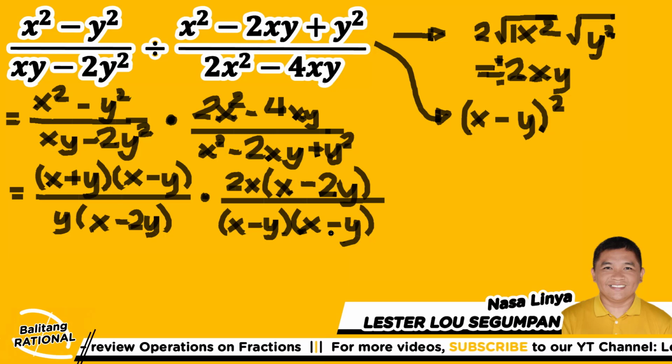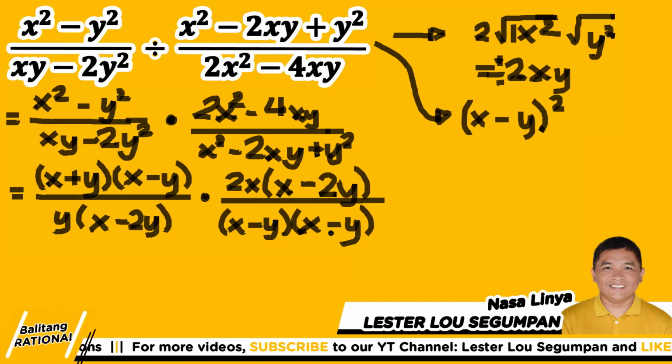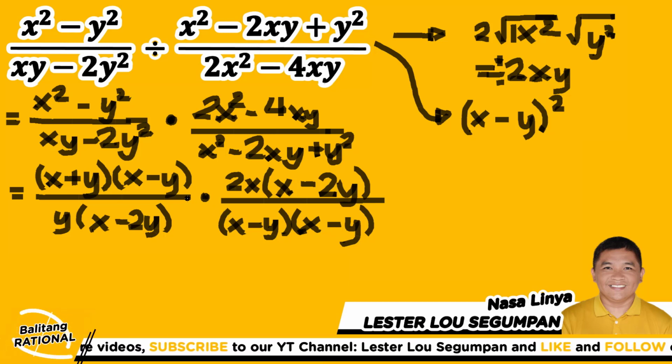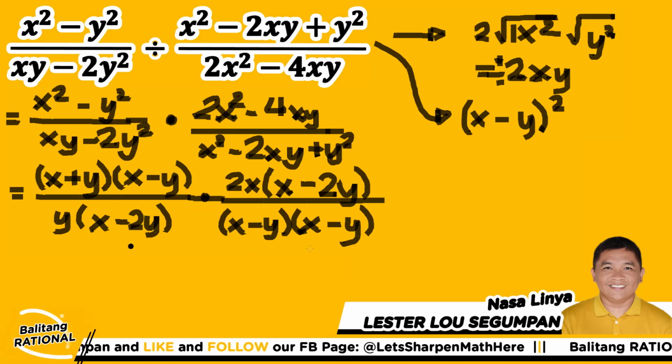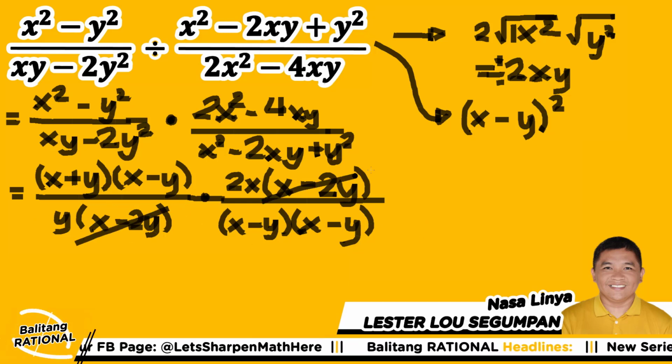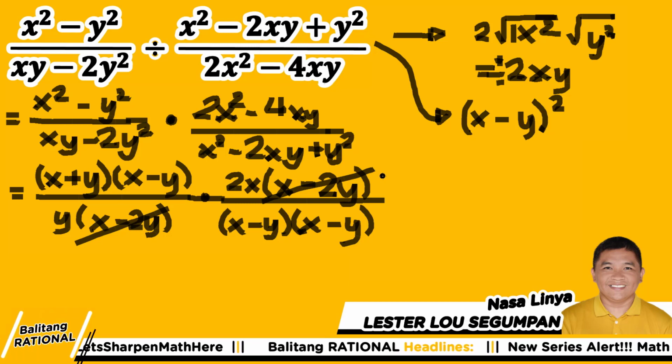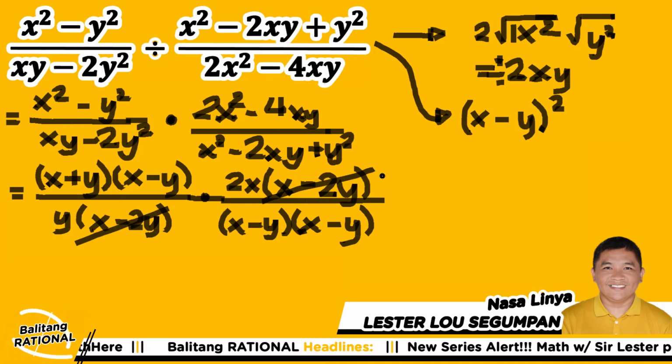Pagkatapos ng lahat ng factor na ginawa natin, let's now try to use the cancellation law. Don't forget na kapag magmumultiply tayo ng dalawang fractions or rational expressions, all the terms of our numerator are combined as one, and yun din po ang mangyayari sa ating mga denominators. Kaya nga, pwede natin i-cancel ito, at saka ito, kahit na yung dalawang terms na ito are not part of the same rational expression.